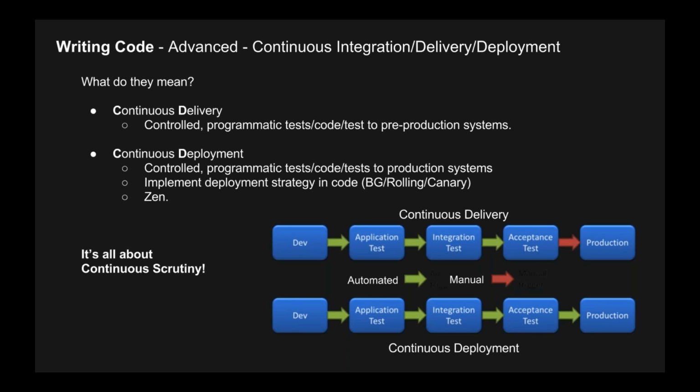And the most important thing on the slide is it's about continuous scrutiny, right? The more you interrogate your code overall, the better the product is going to be. And the quicker you actually deploy that culture in your organization or in your personal coding style, you're going to find the product's going to be really good.